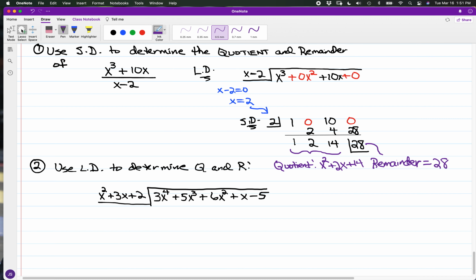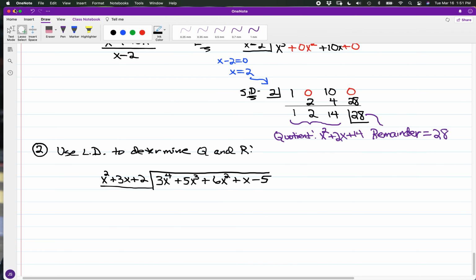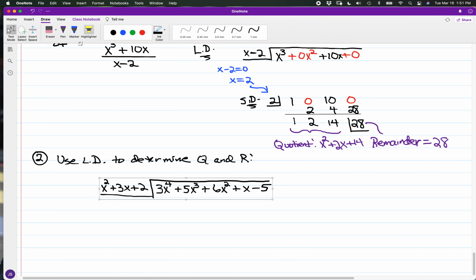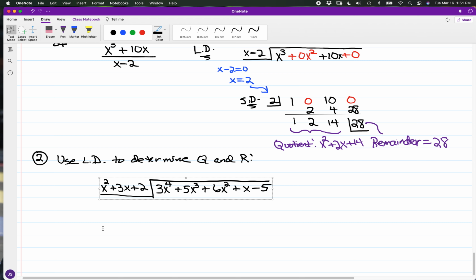Now, determining the quotient and remainder for this particular problem, I cannot use synthetic division directly with the way things are set up.